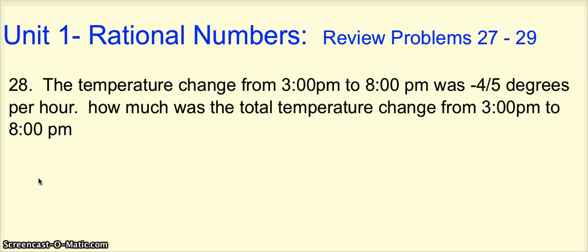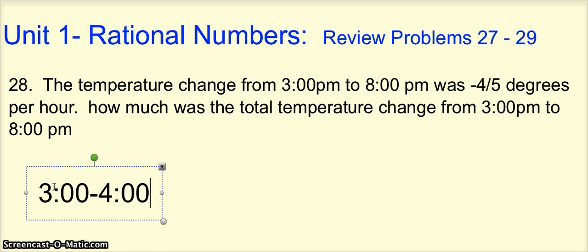Well, I want to know, first of all, how many hours is it between 3 p.m. and 4 p.m.? Well, between 3 o'clock to 4 o'clock, that's 1 hour. Between 4 to 5, that's another hour.